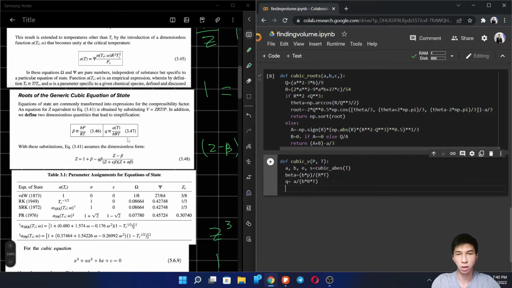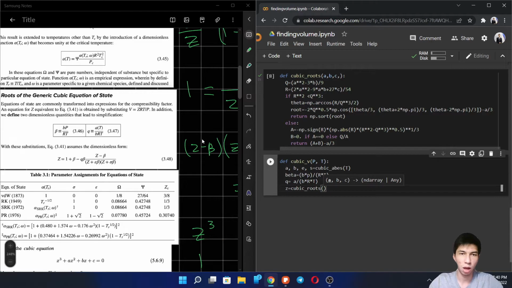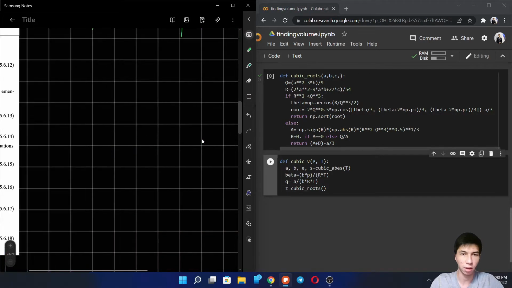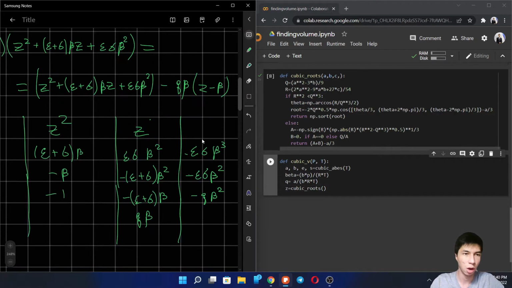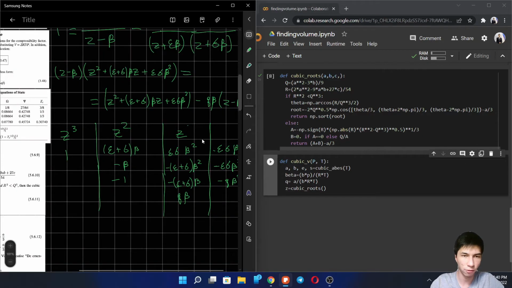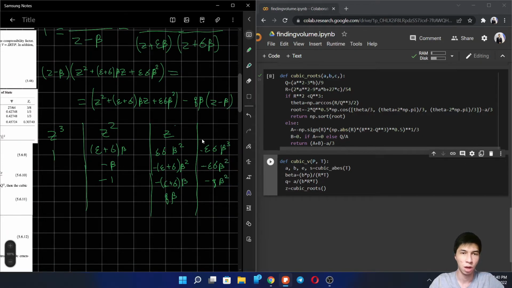And this function has to take the values for z from our cubic roots function. So we're going to have cubic roots, right? In the previous videos, we calculated our coefficients for the z in our equation. So we're going to have to input that.